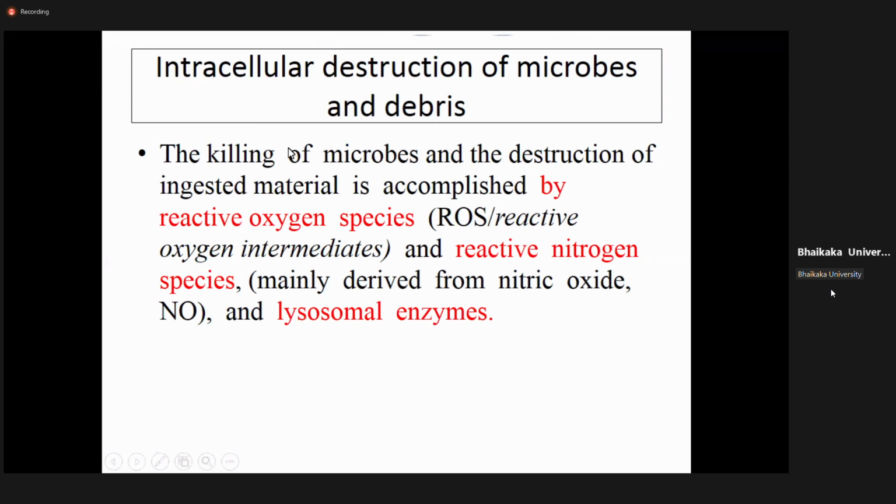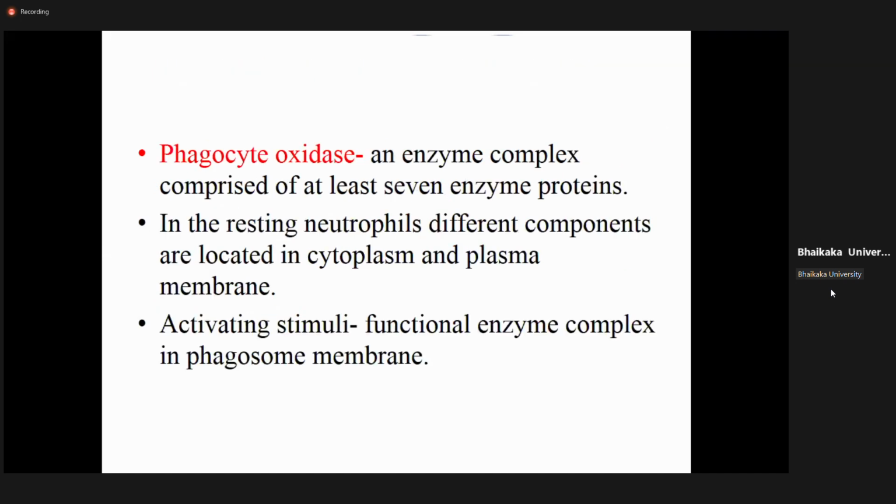Intracellular killing of microbes and debris. The killing of microbes and destruction of ingested material is accomplished by reactive oxygen species, reactive nitrogen species, and lysosomal enzymes. Coming to reactive oxygen species, there is an enzyme complex called phagocyte oxidase, which contains at least 7 enzyme proteins.